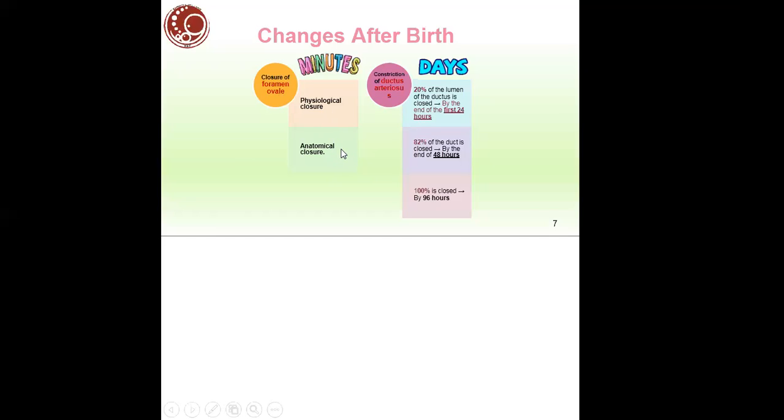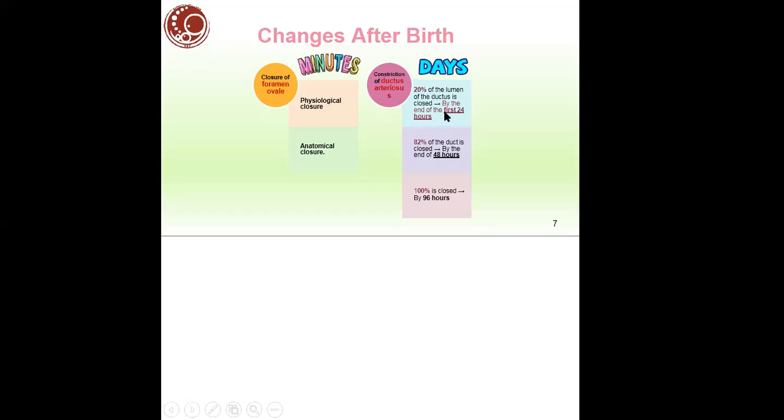But even then, there is a probe patency, or there is a small communication for a month. Now, 20% of the lumen of the ductus arteriosus, what happens? It closes at the end of the 21st hours.